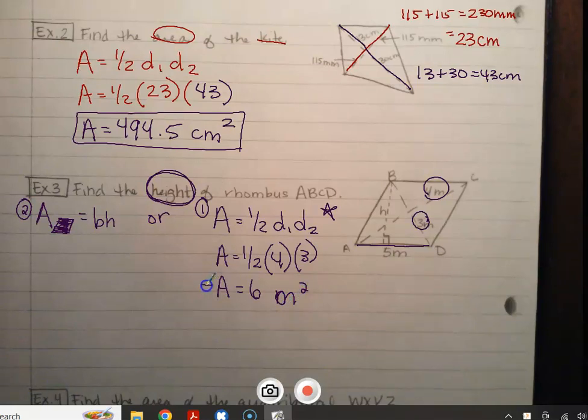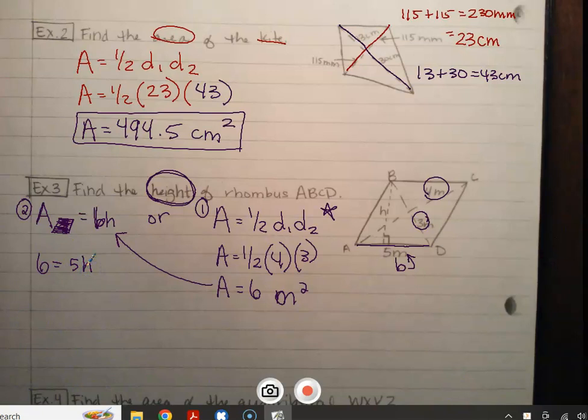We got to bring this part over here, to this equation. So now we're going to have the area is 6 equals our base. Okay, our base is this 5 meters here. That's the base length. So 6 equals 5 times the height.